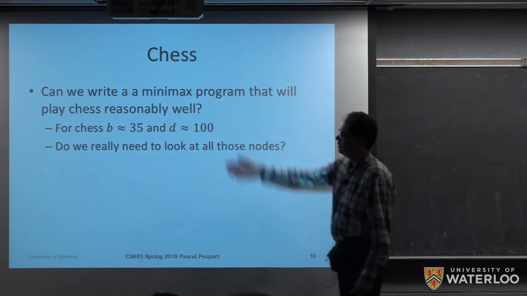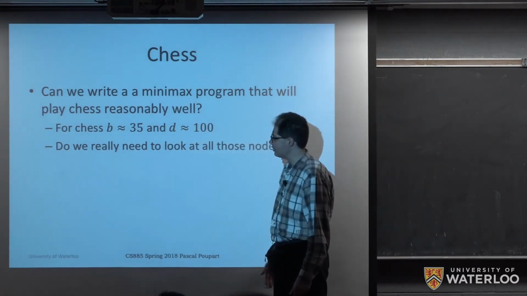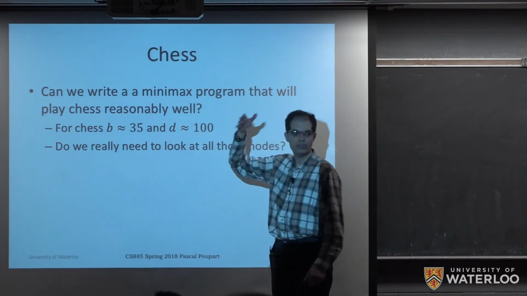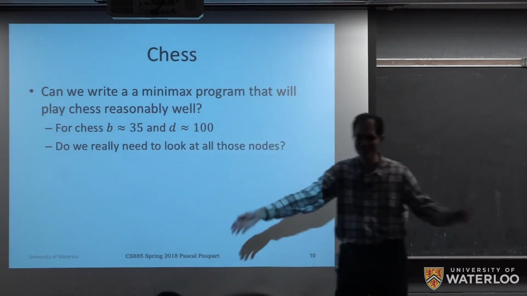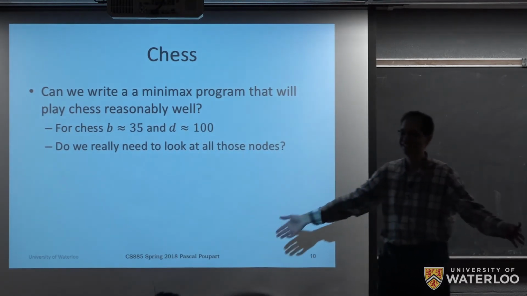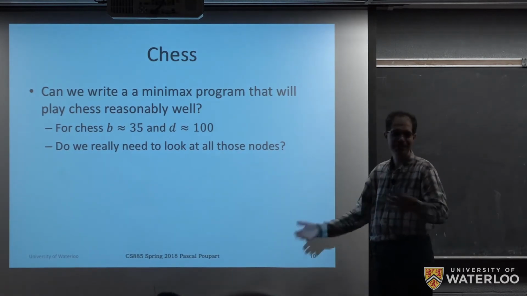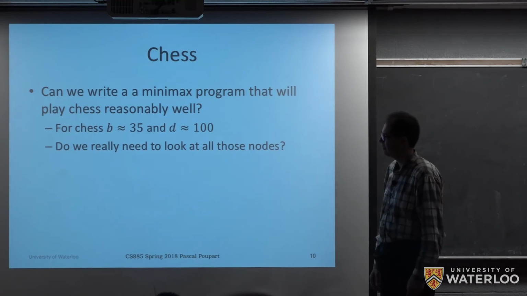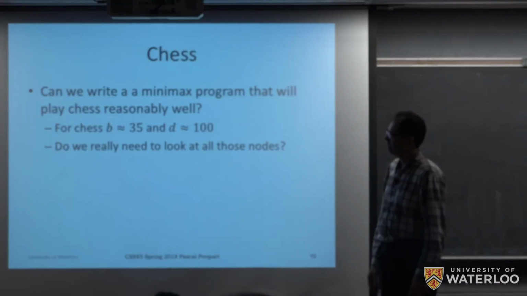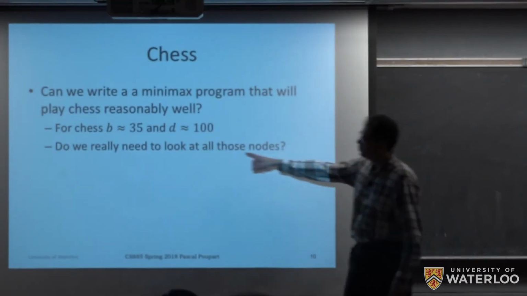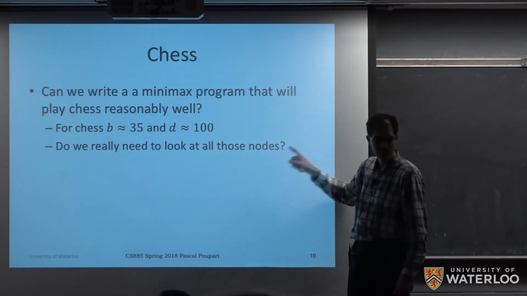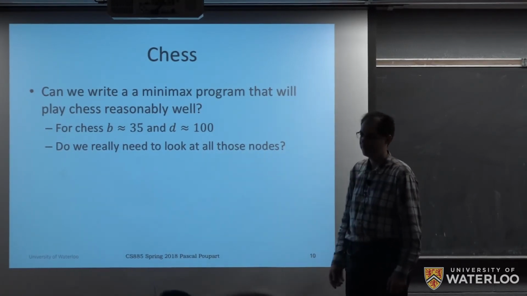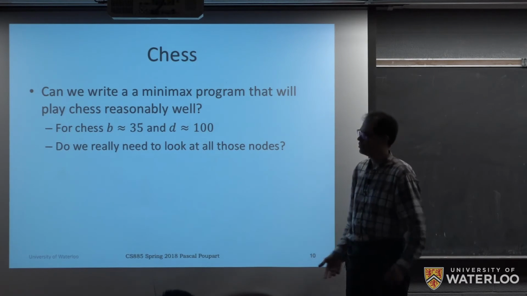So now you see with the complexity that we discussed, we would have 35 to the 100, which is crazy, right? You can't enumerate this, or at least you cannot take the time to search all of that. Okay, so then an interesting question is, do we really need to look at all those nodes in this search tree? And the answer is no.